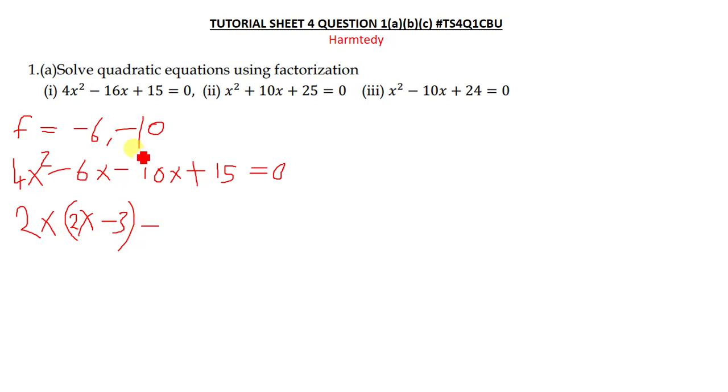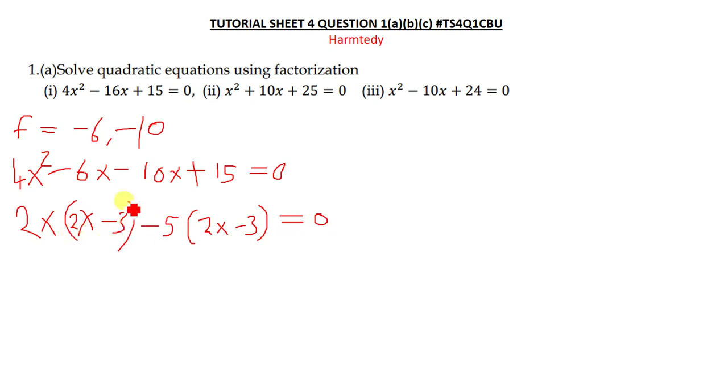Here, when you have the negative starting, the negative is always common. So we factorize the negative, and then we also check which number can go into these two numbers. Of course, 5 can go into 10 and 15. So 5 into 10x gives 2x, and negative 5 into 15 gives negative 3, and this is equal to 0.